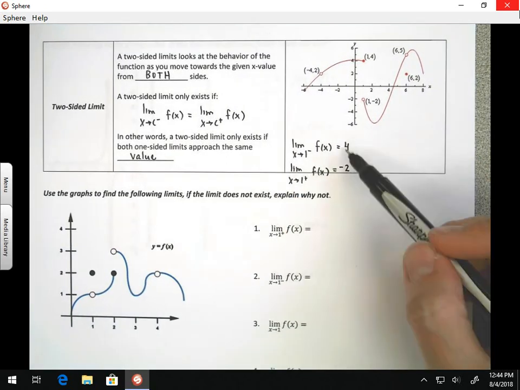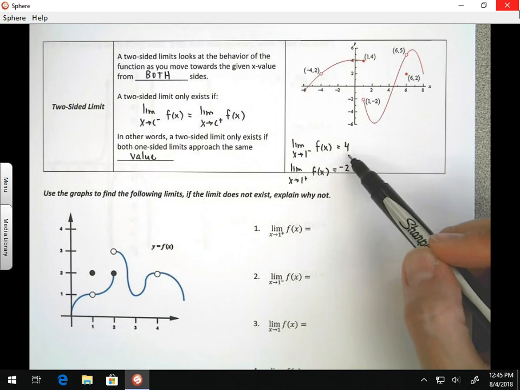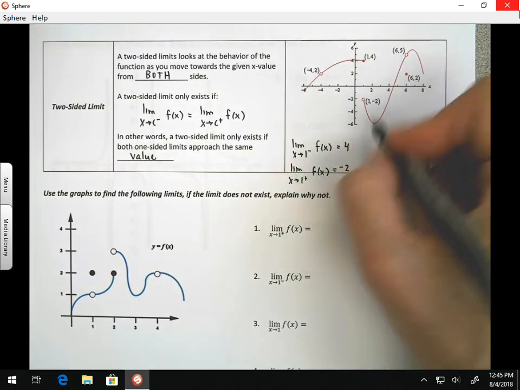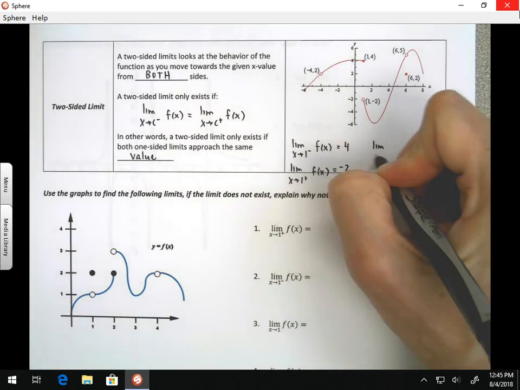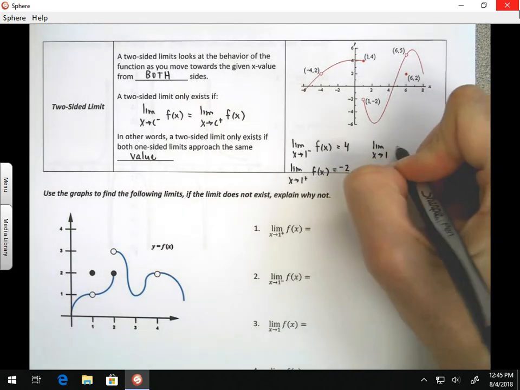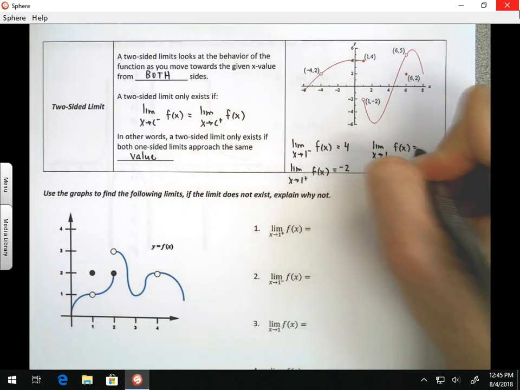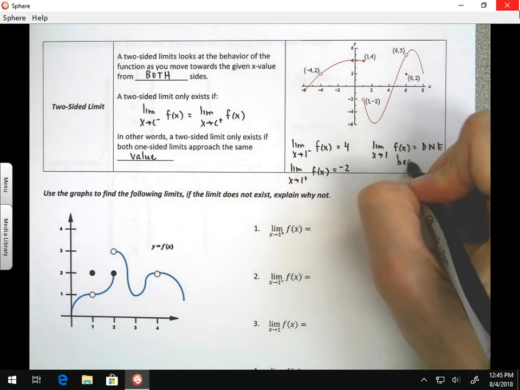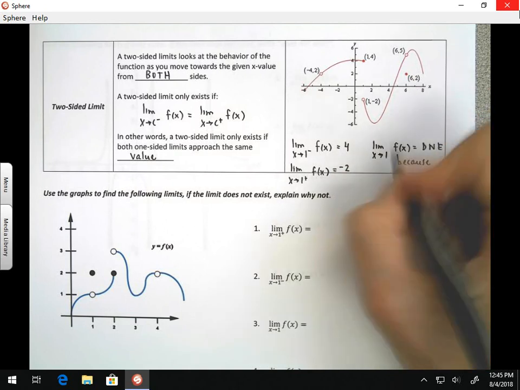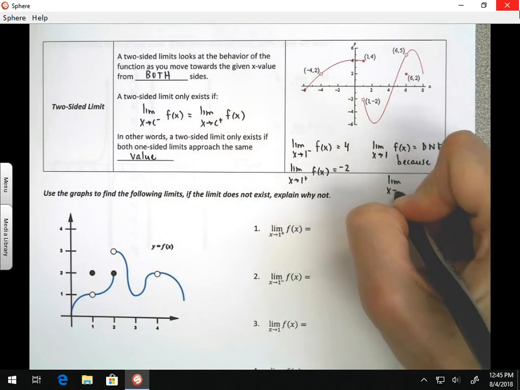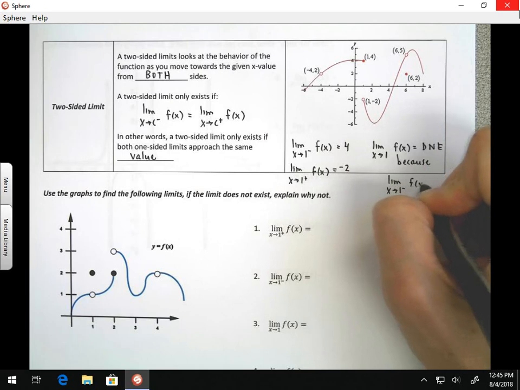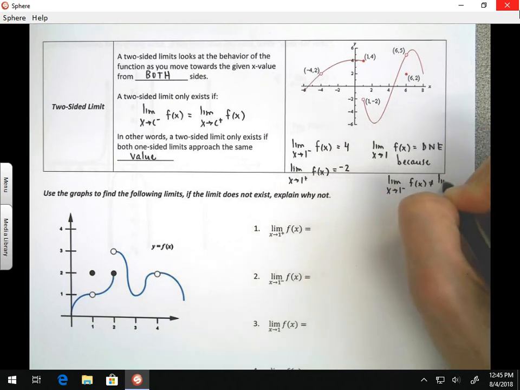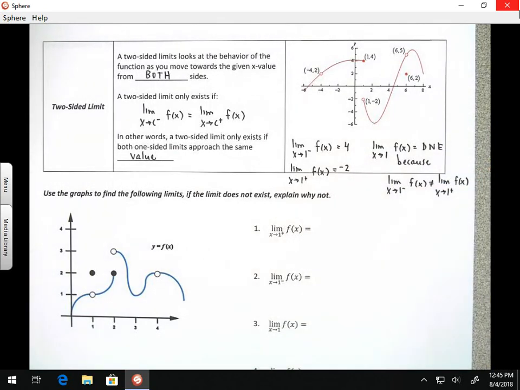Since my left and right hand sides don't agree, we would say that the limit as x approaches 1 of f of x does not exist, because the left hand and right hand limits do not equal the same value.